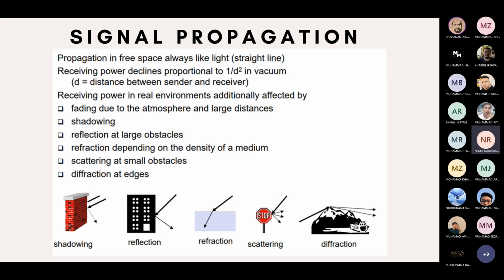Dia akan jadi scattering. Light from an image might hit the wall and it will be scattered all over the place. That's why kita boleh nampak dinding tu warna putih je. Tak dapat muka kita kat dinding tu. Same thing happens dengan radio frequency. Radio frequency hits certain objects that are designed to reflect very well.